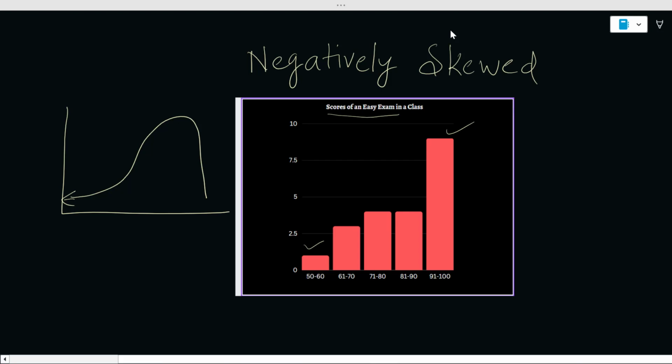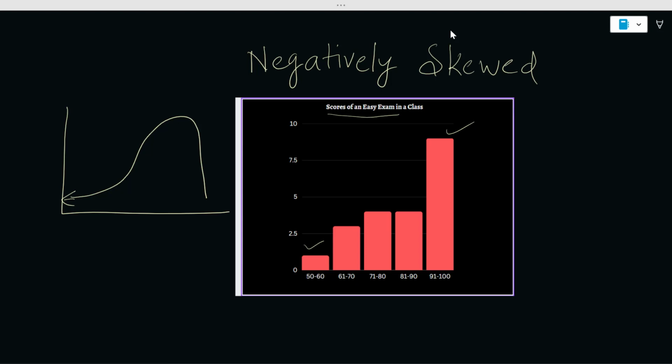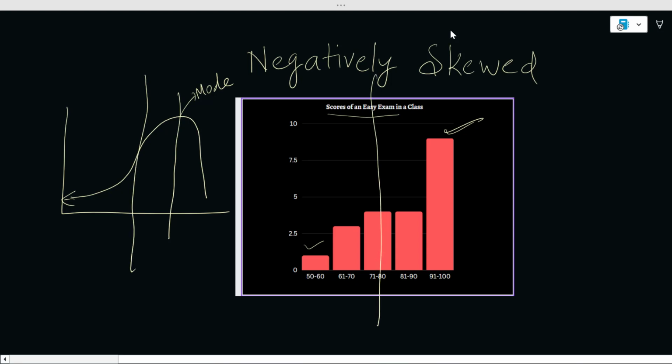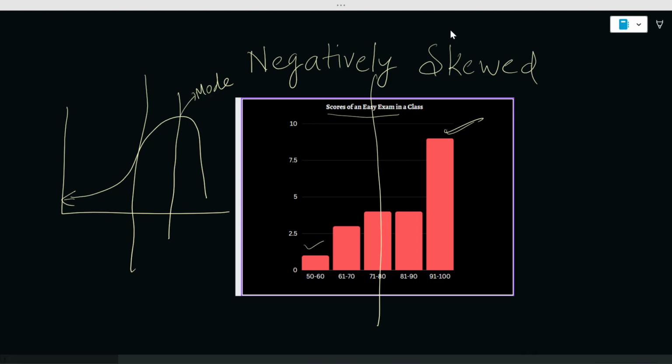Now if we have to find or estimate the mean, median, mode, we will follow similar lines to what we did in the case of positively skewed, and we know the definitions remain the same. Mode is the highest number of values, so the peak occurs on this side, and mode remains on this side. Median is the value which divides the data into equal halves, so we have the median occurring over here, and mean tends to be towards where the outliers are.